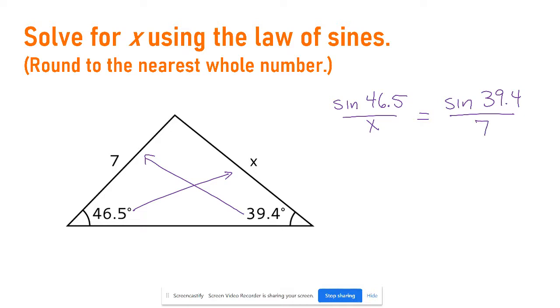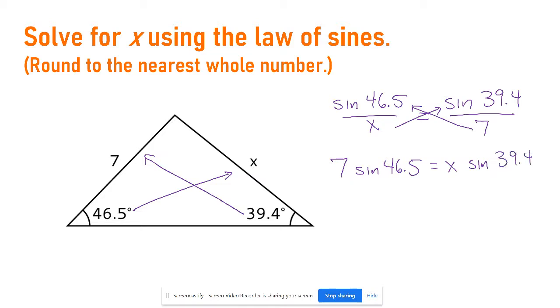And so this is a proportion. We'll solve it by cross multiplying. So I'll take the 7 and multiply it by sine of 46.5. I'll take the x and multiply it by sine of 39.4.